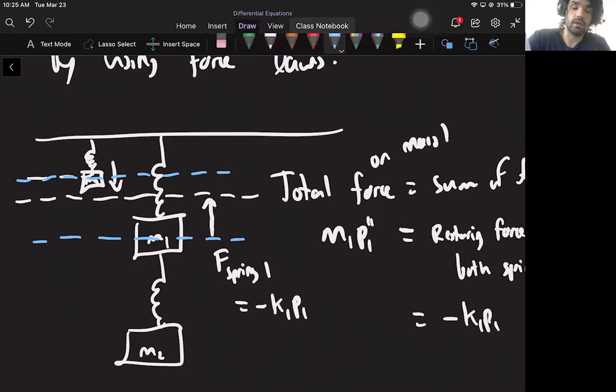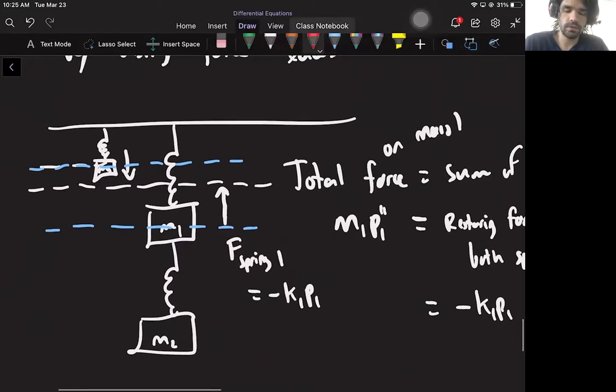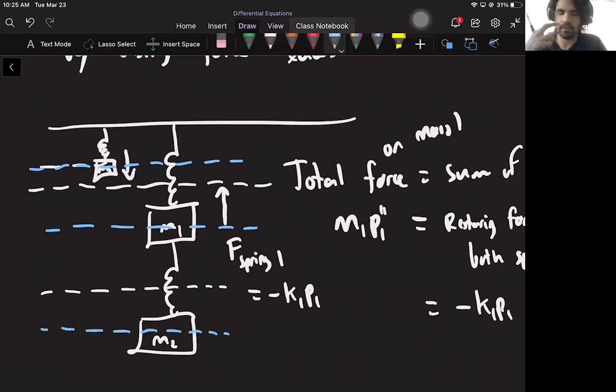Okay. And what else is going on? Well, now there's this other spring. So this is sort of interesting. So the other spring, what's going on here? Let's see. Gotta make sure I get this right. Okay, so this one is also away from its equilibrium. Maybe it's down here.